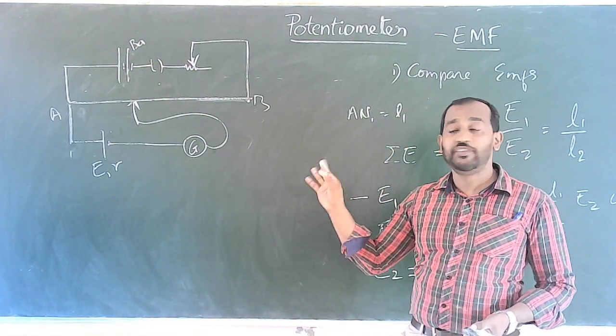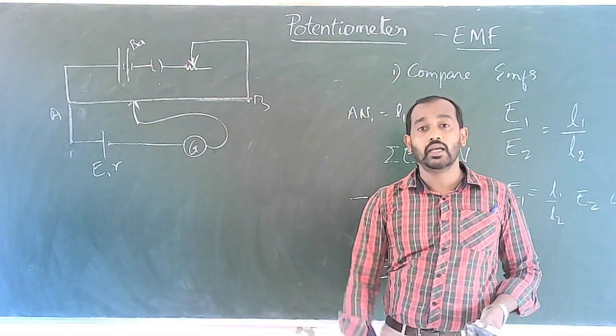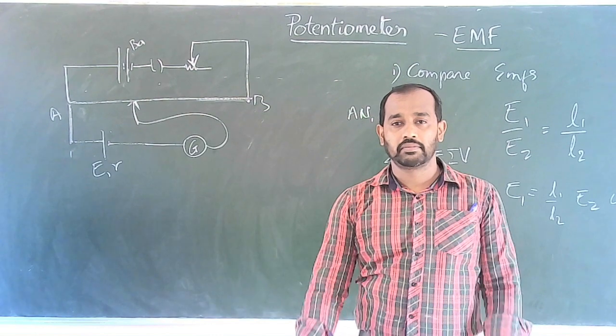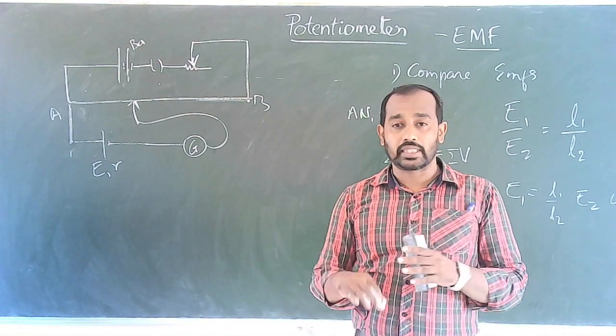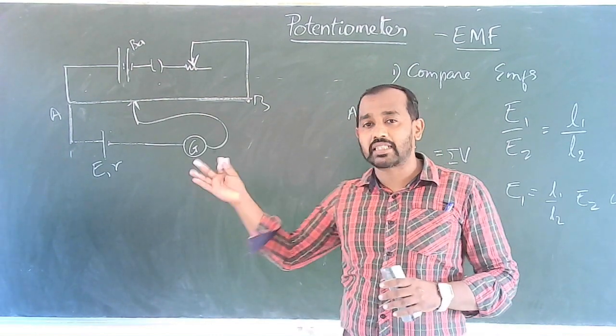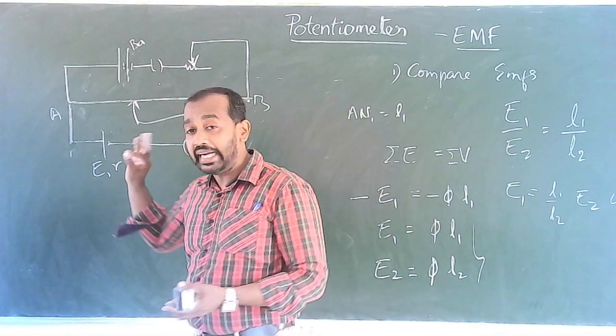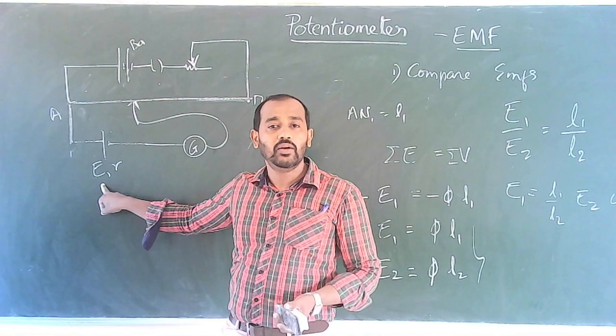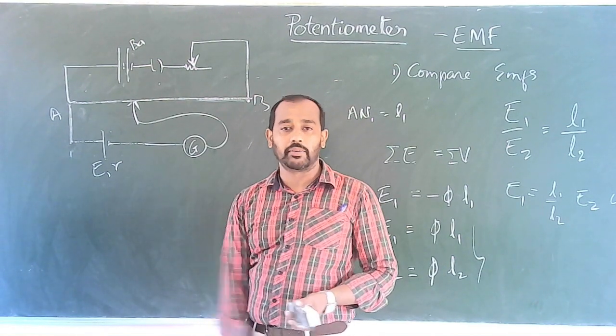But since we need to measure the internal resistance, we are going to take another standard resistance box, having the greater resistance, which is treated as an external resistance, capital R. That external resistance is connected parallel to the cell whose internal resistance has to be determined.